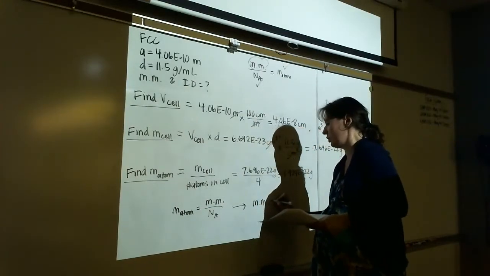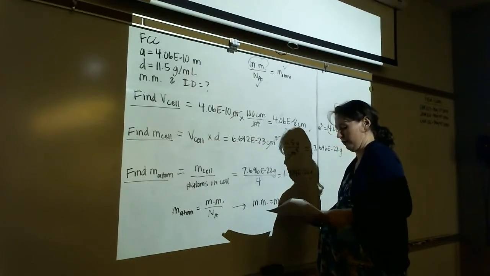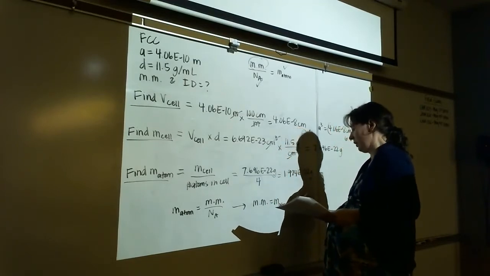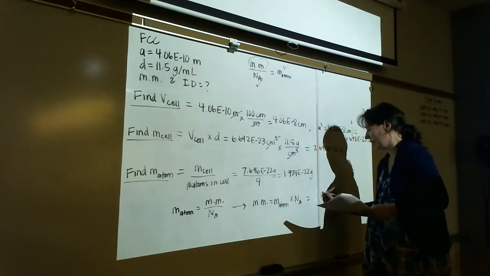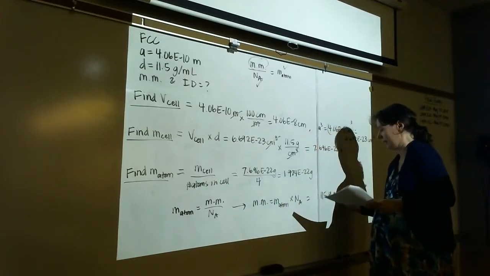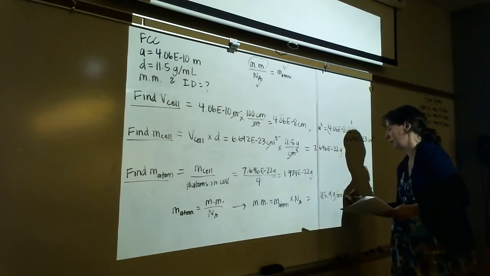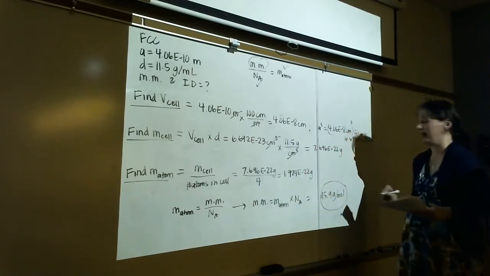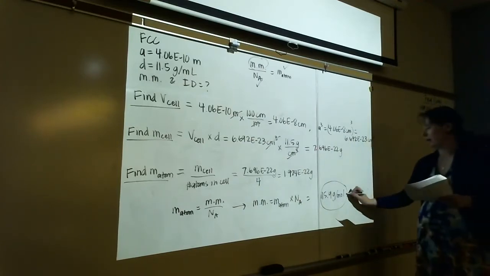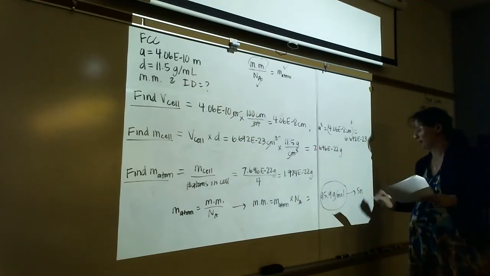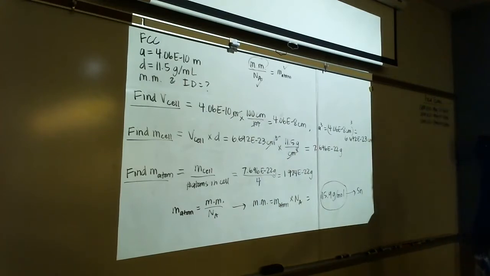Molar mass would just be M atom times Avogadro's number. And so I got 115.9 grams per mole. And now I look at the periodic table. Which element has a molar mass of 115? It's most likely tin. Do we see how we did that one?